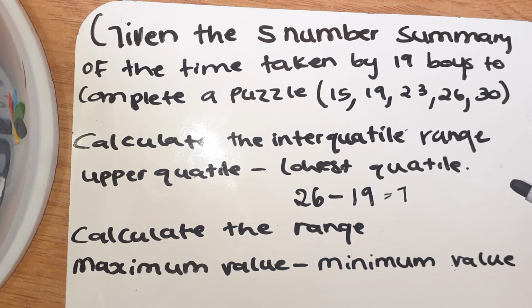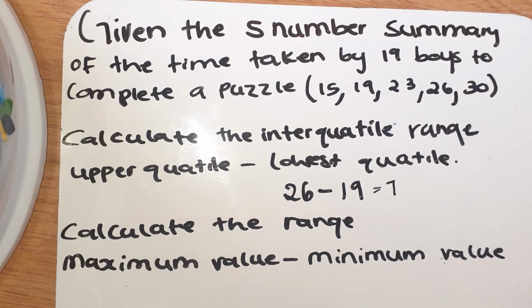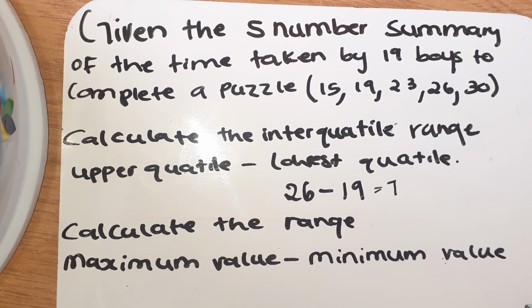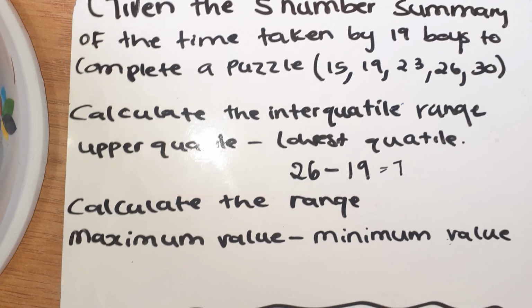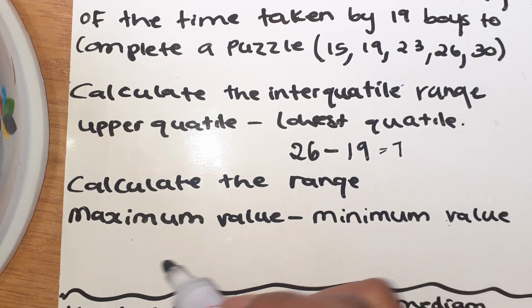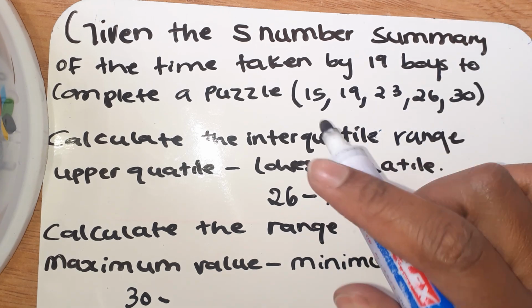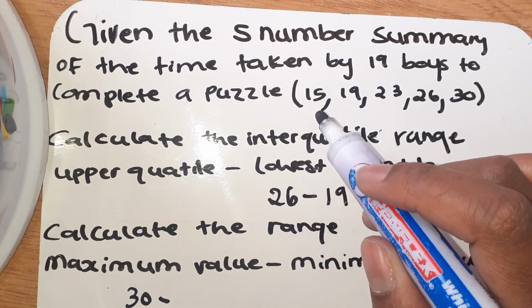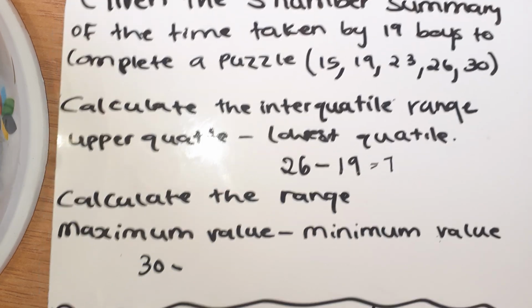So if you are given the interquartile range and lower quartile, you can find the upper quartile, or if you're given range and upper quartile, you can calculate the lower quartile in this manner. Or you can be asked to calculate the range. Range is the maximum number, which is 30, minus the minimum, which is 15.